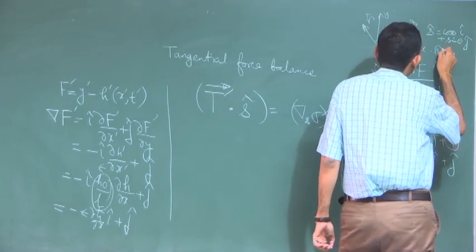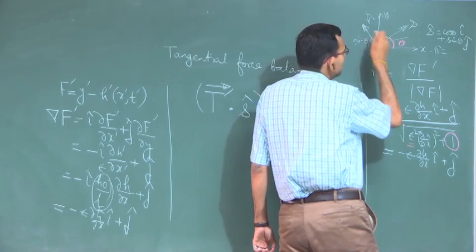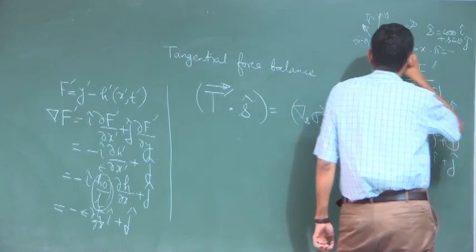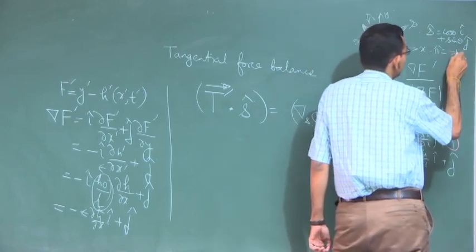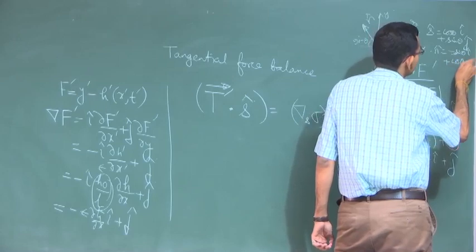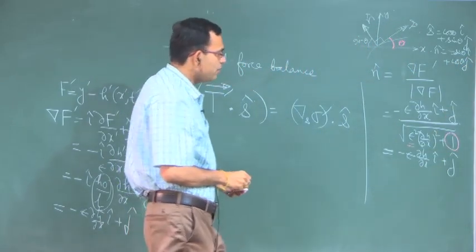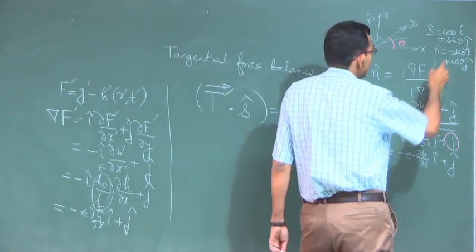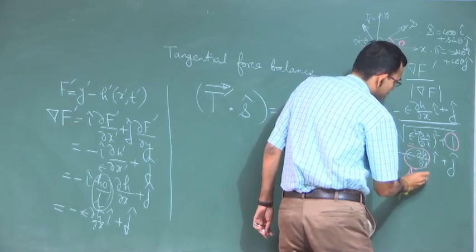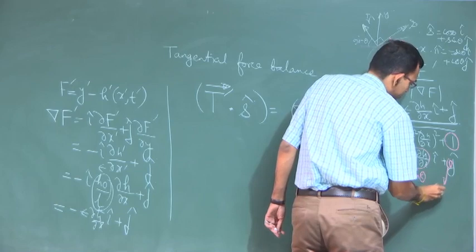If that be the case for n, this angle is 90 degrees minus theta. So, n is minus cos of 90 minus theta, that is, minus sin theta i plus cos theta j. Therefore n is minus sin theta i, and this is 1 as cos theta.